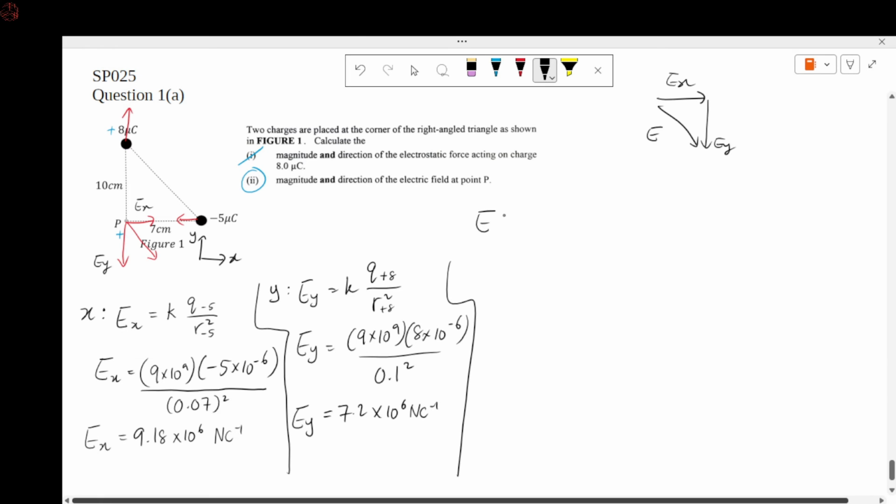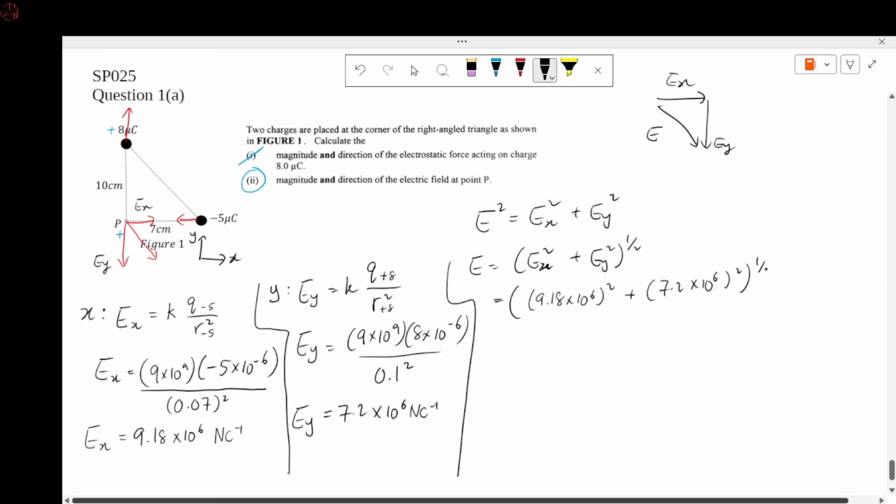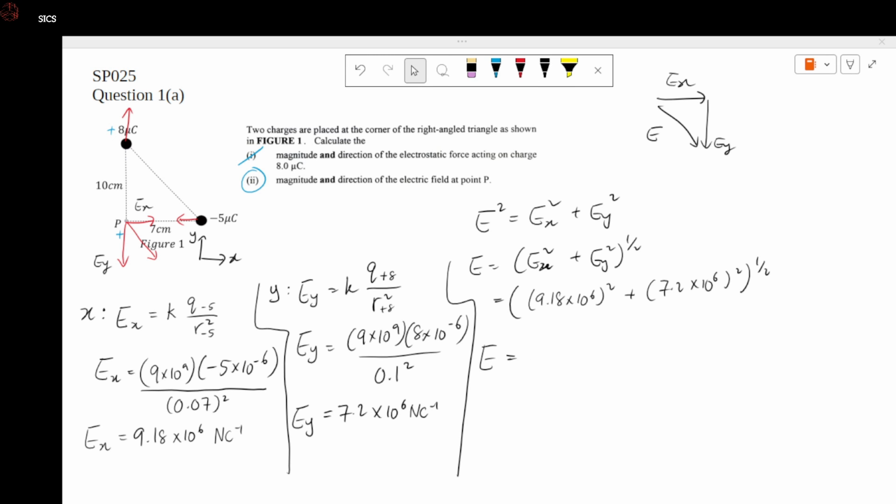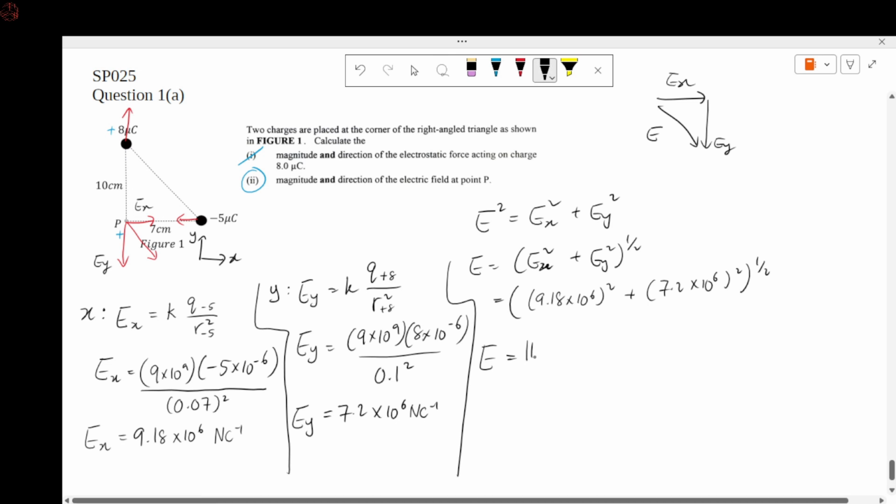E squared is EX squared plus EY squared, so E equals the square root of EX squared plus EY squared. Substituting, I'll have 9.18 times 10 to the power of 6 squared plus 7.2 times 10 to the power of 6 squared, and then square root that. If you key that into the calculator, the resultant electric field at point P is approximately 11.67 times 10 to the power of 6 newtons per coulomb.